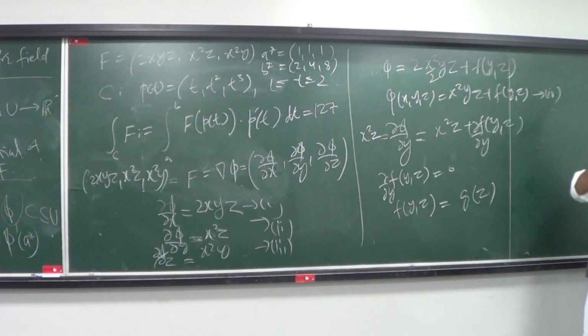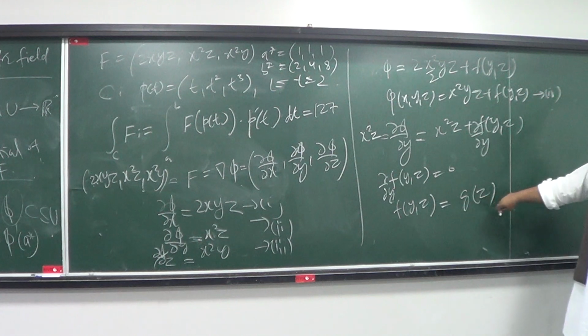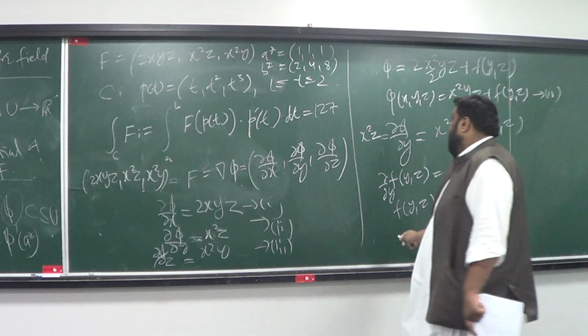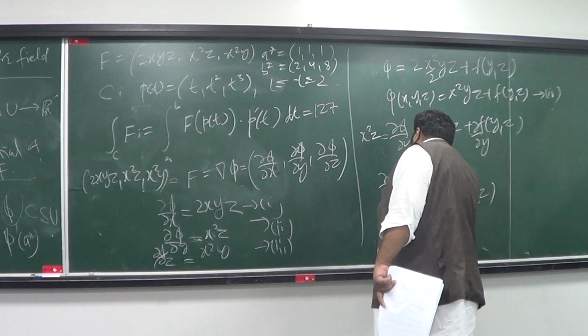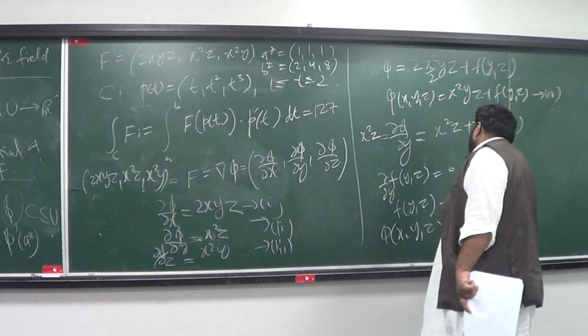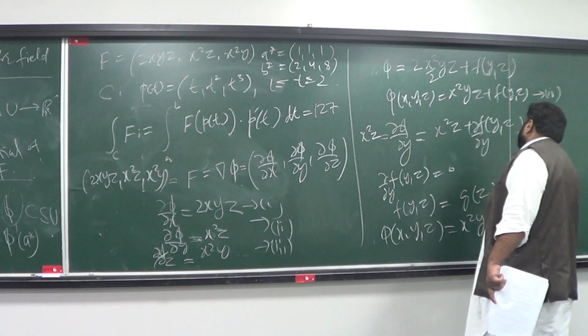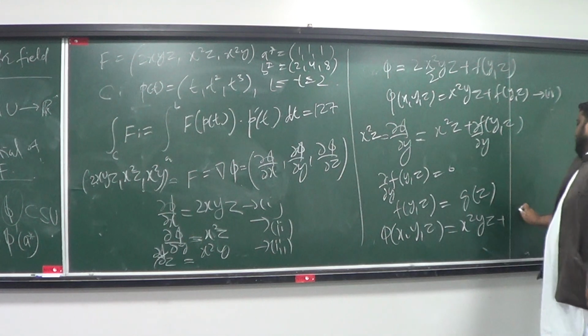What should I do next? I can now update my equation number 4, because I know that f of y, z is now g of z. So the updated equation number 4 is phi of x, y, z equals x²yz plus g of z.